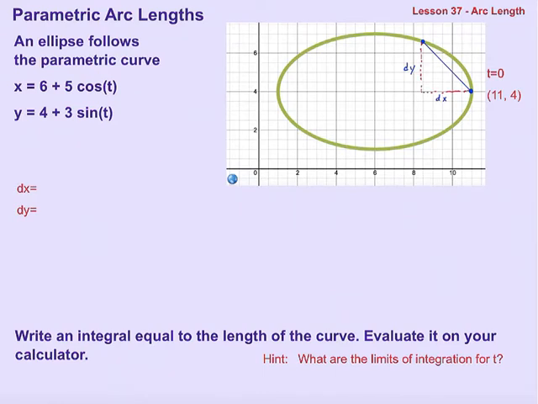Now, technically, the dx in this case would be negative, but remember, we're going to square it, so that doesn't really matter. And so then this length right in here, d, would be the square root of dx squared plus dy squared, using the Pythagorean theorem or the distance formula, however you want to think about it.